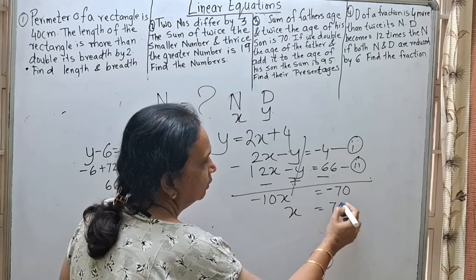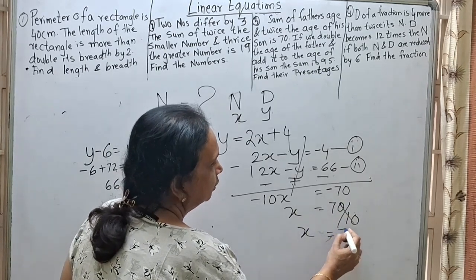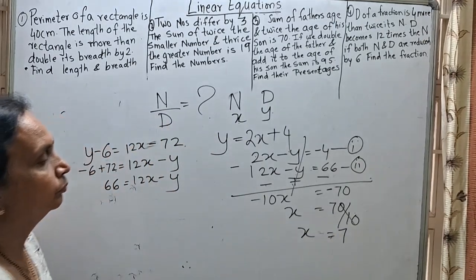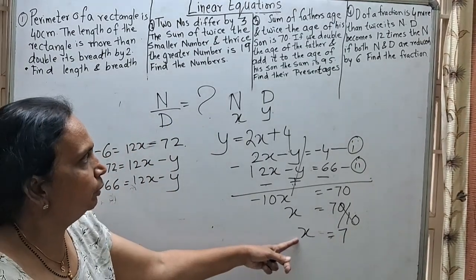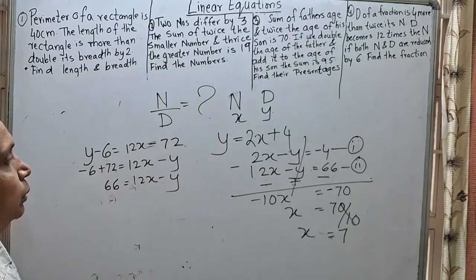x is equal to 70 upon 10. The 0s will get cancelled. x is equal to 7. So I got x is equal to 7. This I can substitute in any one of the equations. I can substitute here also.